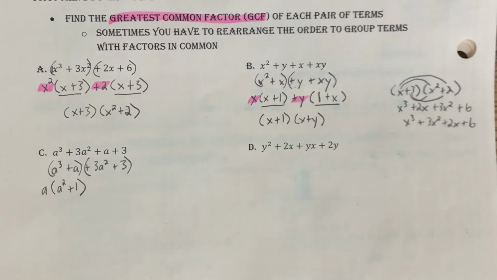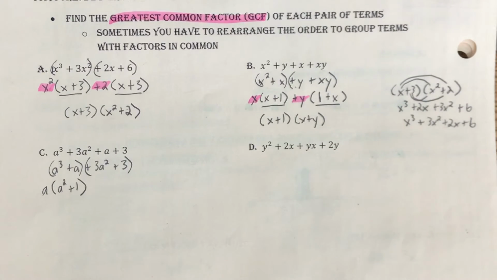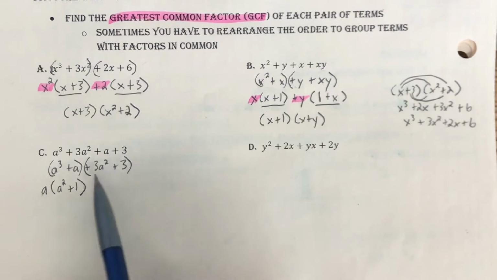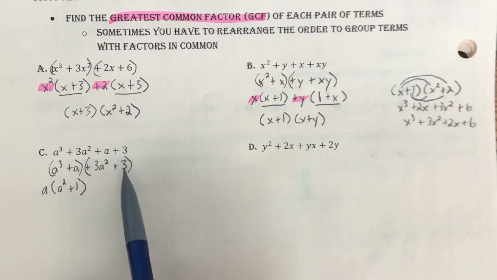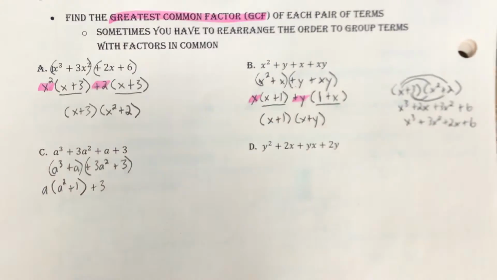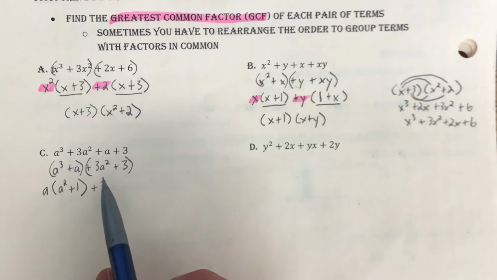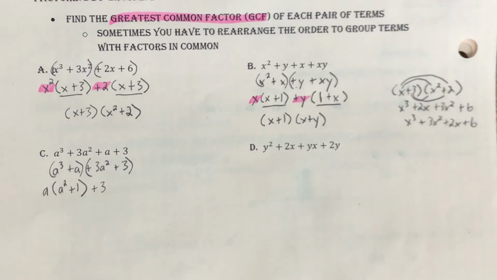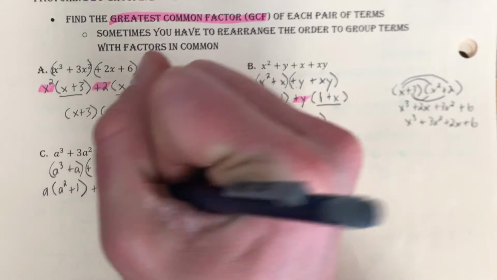Now if I did this correctly, that means that this should be inside the second parenthesis at the end. Well, what's the greatest common factor we see here? We do have numbers, and they're both 3's. So positive 3 is definitely the greatest number. This one has a's, but this one doesn't, so I can't pull any a's out. So that means that I'm now into my parentheses.